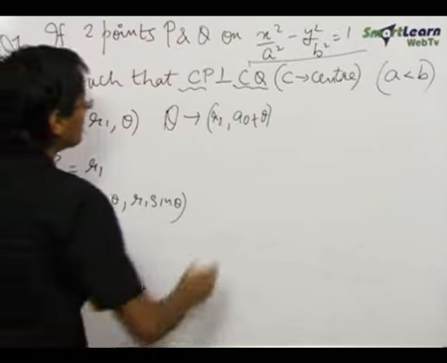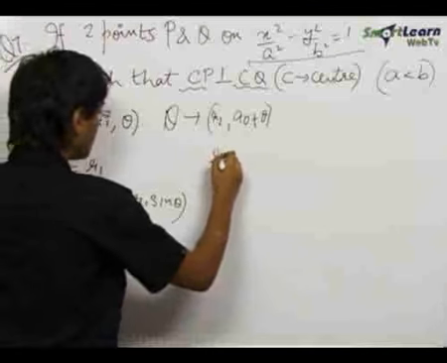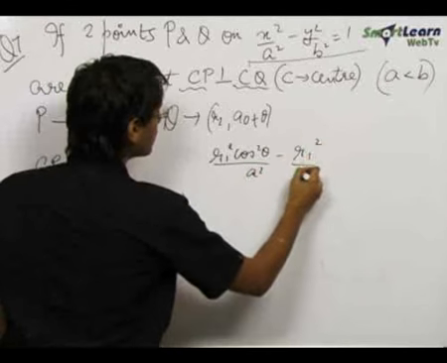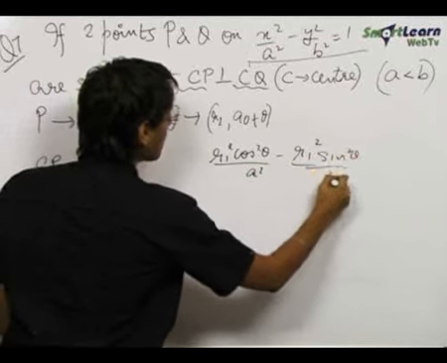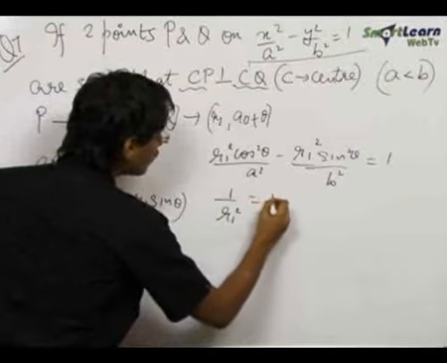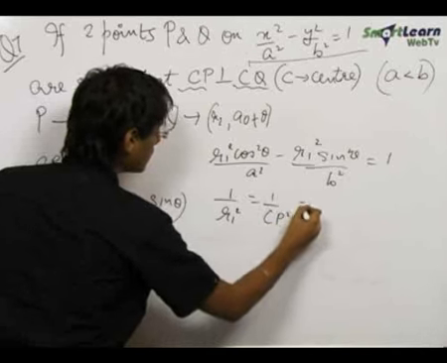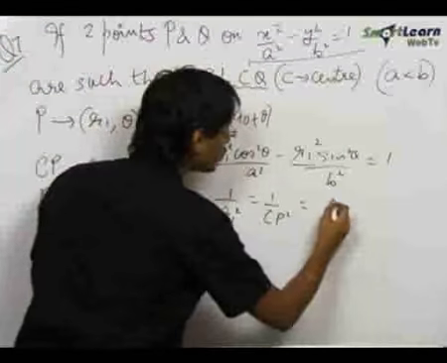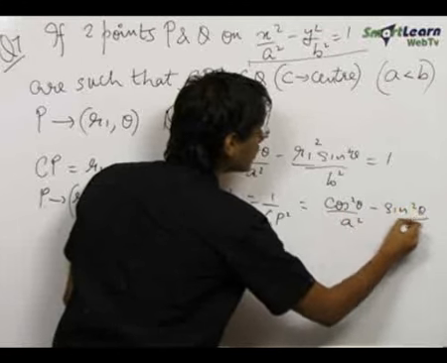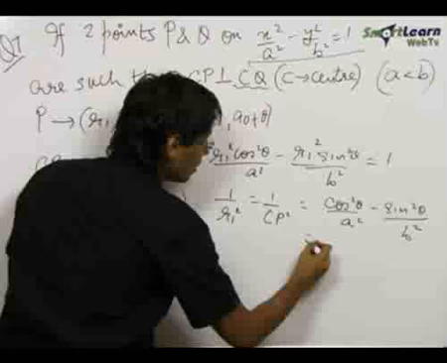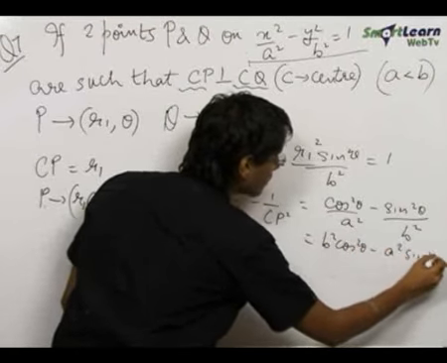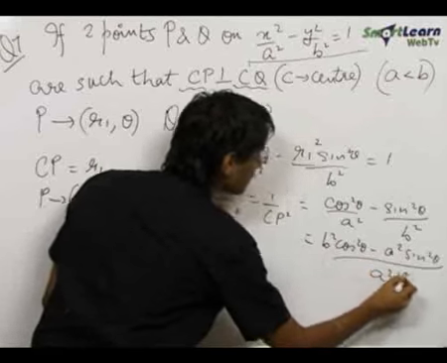Putting this value of point P in the equation of hyperbola, we get r1 square cos square theta upon a square minus r1 square sin square theta upon b square is equal to 1, and hence the value of 1 upon r1 square, which is equal to 1 upon CP square, is equal to cos square theta upon a square minus sin square theta upon b square, which is equal to b square cos square theta minus a square sin square theta upon a square b square.